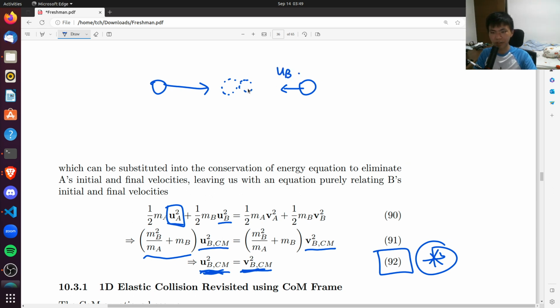But the final velocity of B, one thing is we don't know which direction it is in. It could be in this direction, this direction, or this direction. But what we do know is that the length of VB is equal to the length of UB, as vectors.